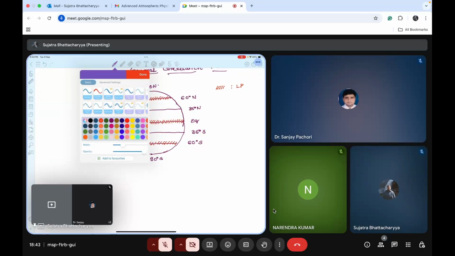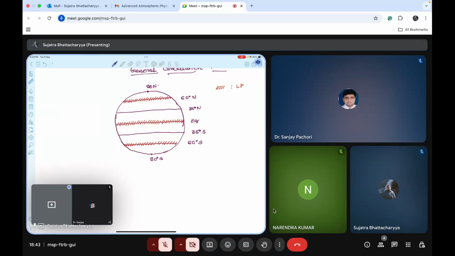Now we have high pressure zones over the subtropical latitudes. That is about 30 to 35 or 40 degrees something. Okay, so I'm making it in dots. So these are high pressure regions.